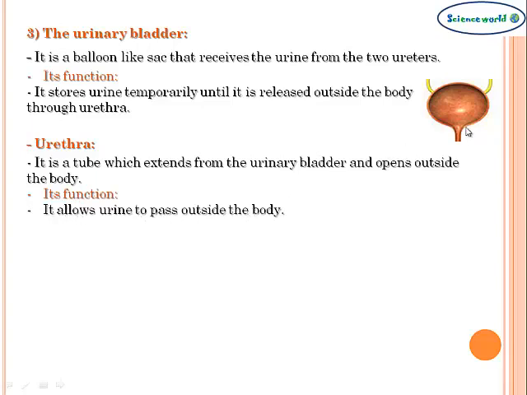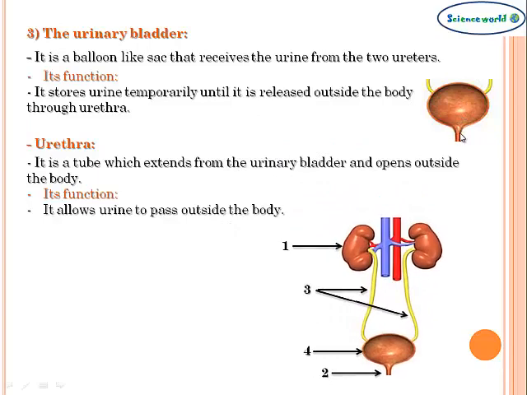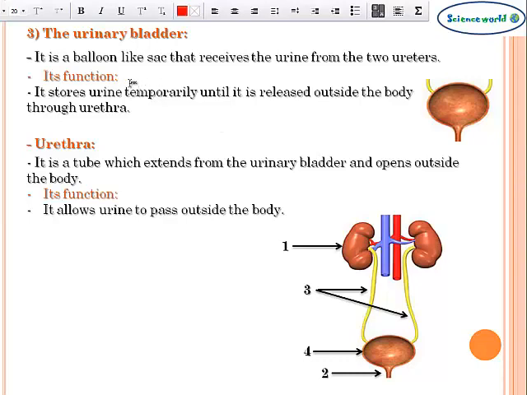So again, urinary bladder is like a balloon that receives urine from the two ureters and stores it for a short time. Then, the urine passes outside the body through the urethra. By the way, temporarily means short time.